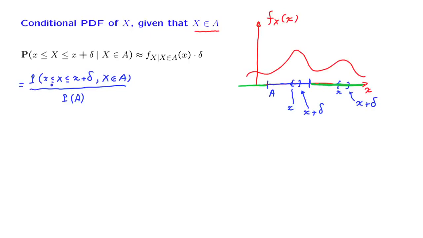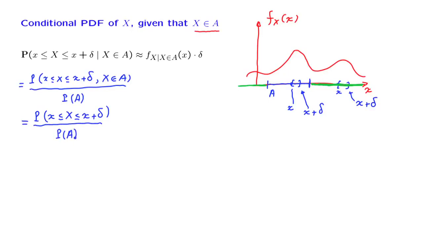In this case, the intersection of these two events, that x lies in the big set and x lies in the small set, is the event that x lies in the small set. So the numerator simplifies just to the probability that the random variable x takes values in the interval from little x to little x plus delta, and then we rewrite the denominator.